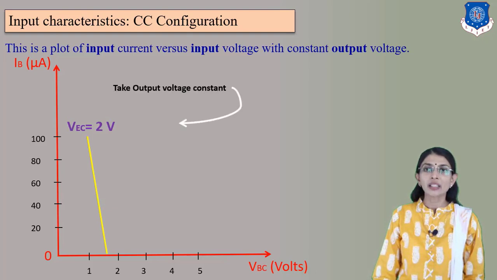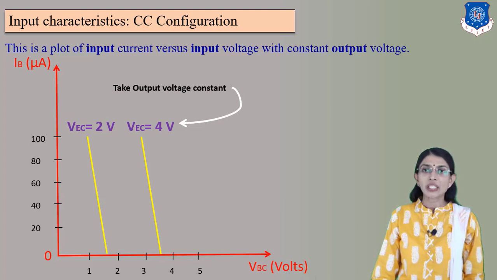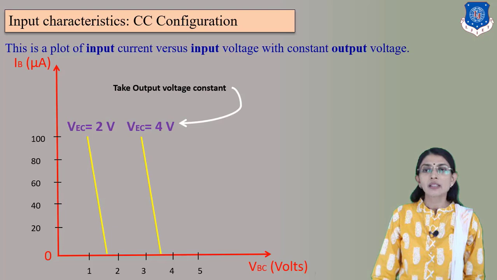Here we have taken the output voltage constant. Now let us take another example, that is output voltage constant VEC equal to 4 volt. Then you will get this graph between IB versus VBC. So dear students, this is the input characteristic for CC configuration. Here these equations will help you to understand this graph easily.